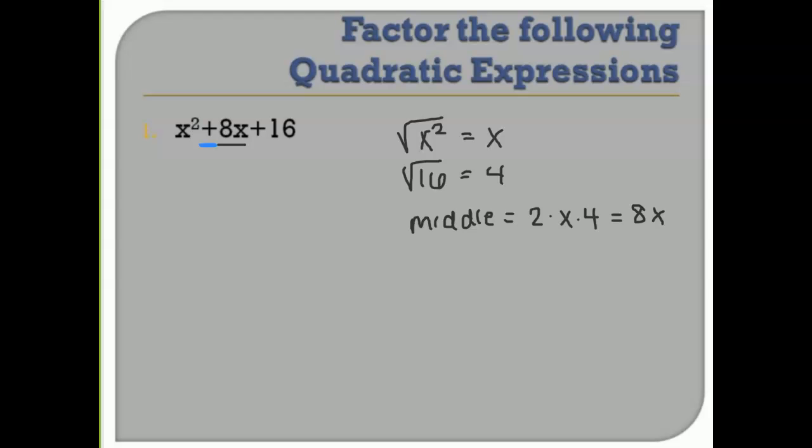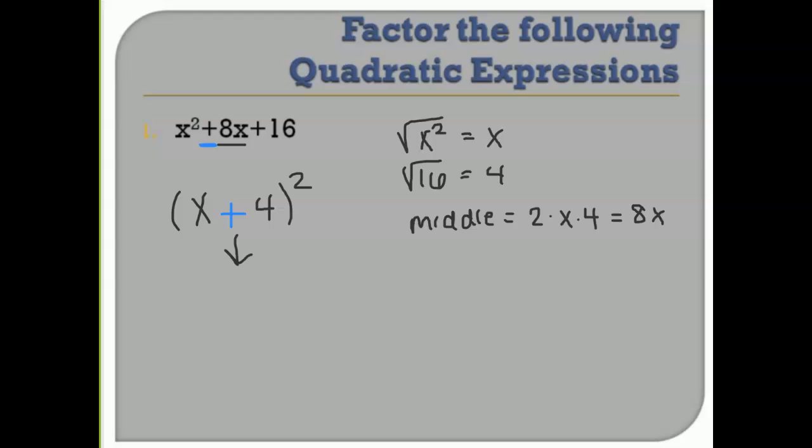We look at the sign after the first perfect square. It's positive. So that tells me that when I factor this, the middle term is positive. And then its factored form is the square root of the first term plus, because it's positive, the square root of the last term, which is 4. Because it's a perfect square trinomial, that entire quantity is squared.